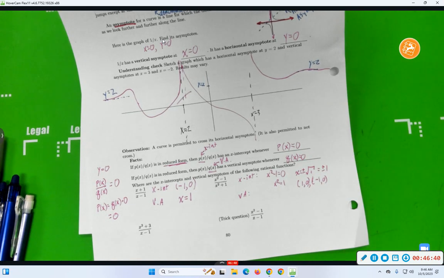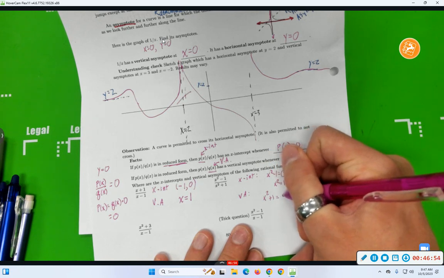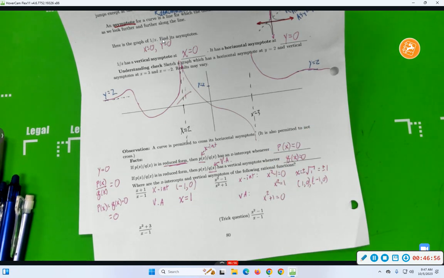All right, vertical asymptotes. How do you find vertical asymptotes? Something similar, but you set the other piece equal to 0? All right. Does that also look easy to solve?